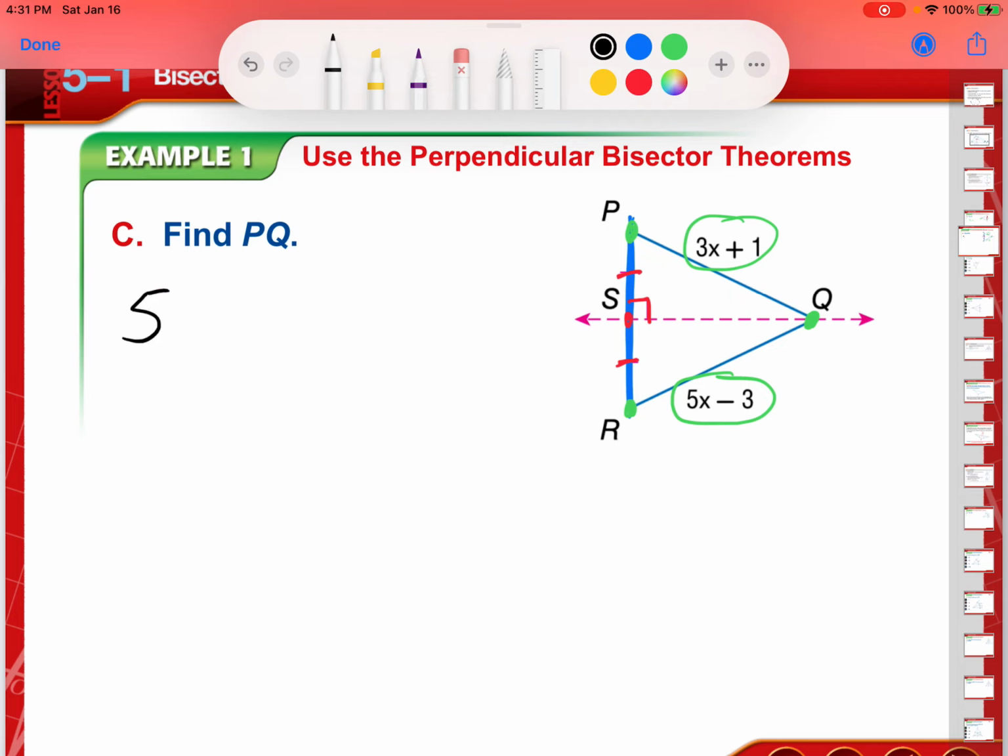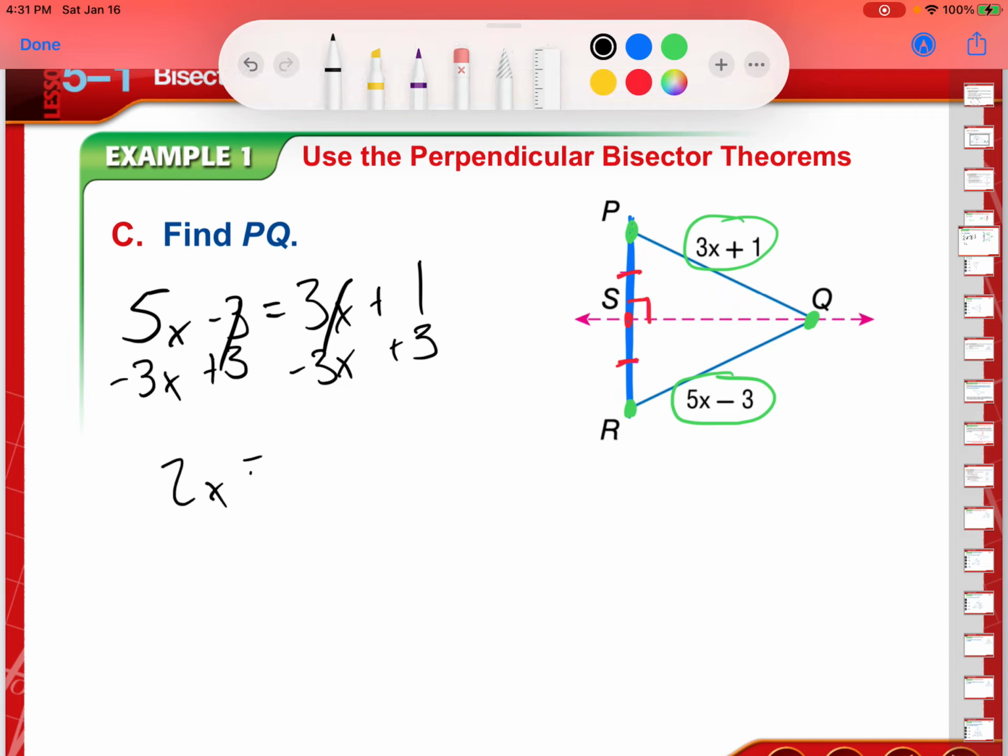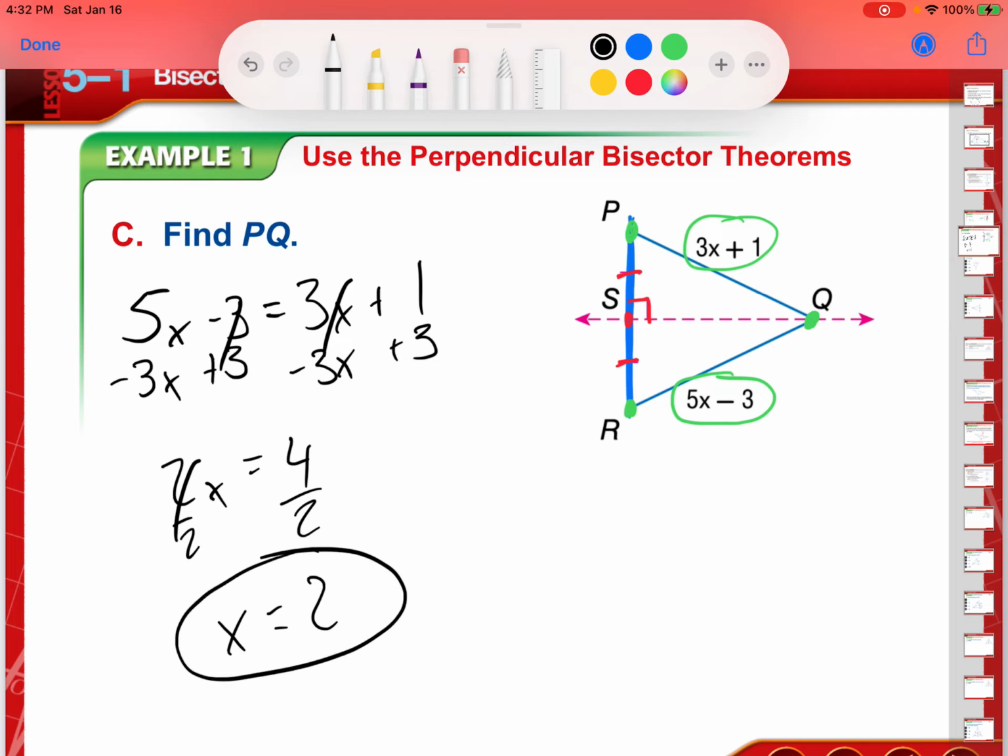Now that we know that, we can set ourselves up a nice little handy-dandy algebraic equation, and we can solve that thing. So I'm going to add 3 to both sides. At the same time, I'm going to subtract 3x, which leaves me with 2x equals 4. Then I divide by 2 on both sides to keep the equation balanced, and we get x equals 2. But we're not done.